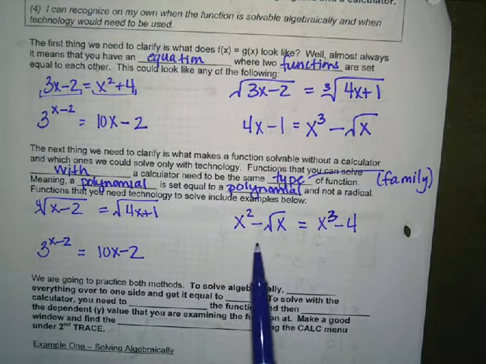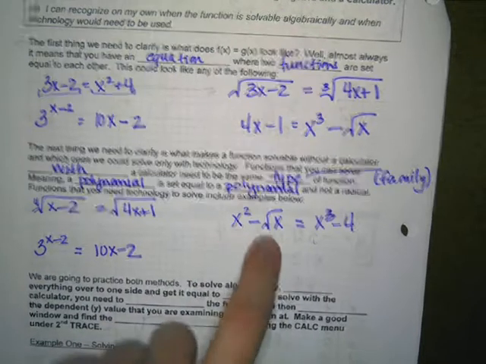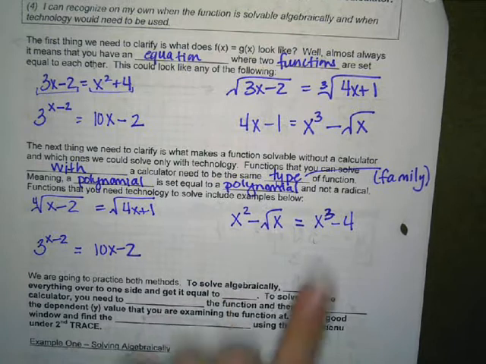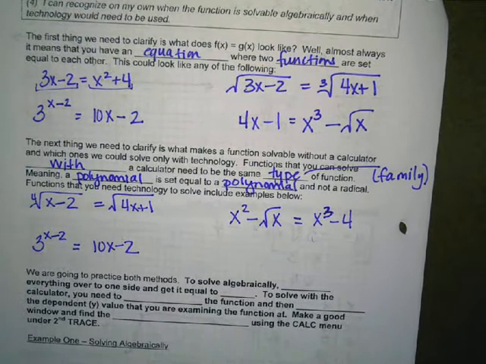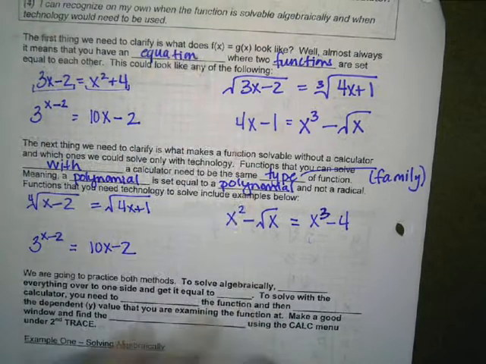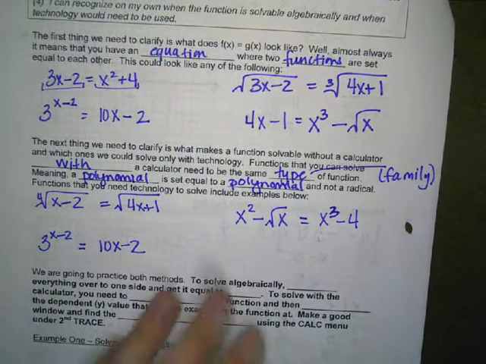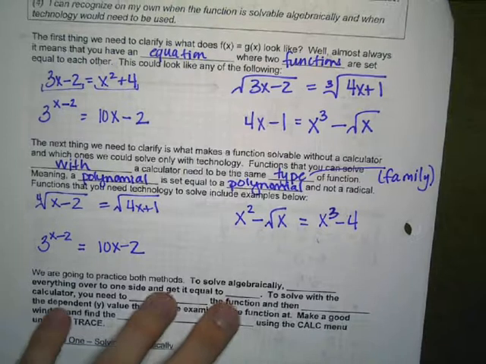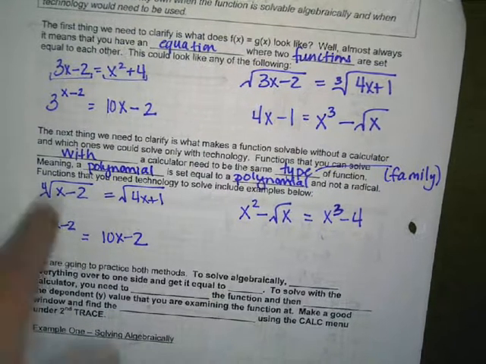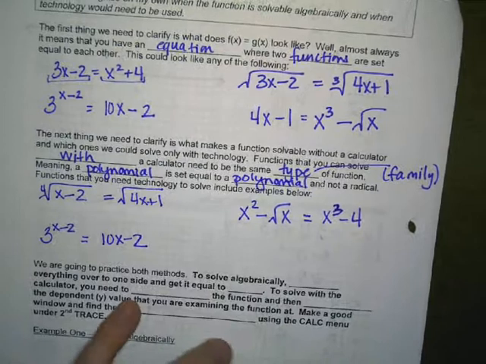It's really in the family of square root functions because you have that square root term in there. So we wouldn't be able to solve this one algebraically, at least not easily. So when I say algebraically, that means it's going to be a simple thing to solve or an easier thing to solve. All of these would be very difficult to solve algebraically.